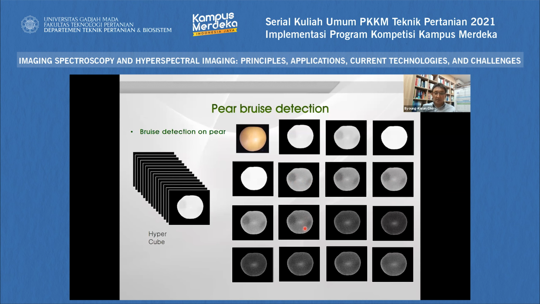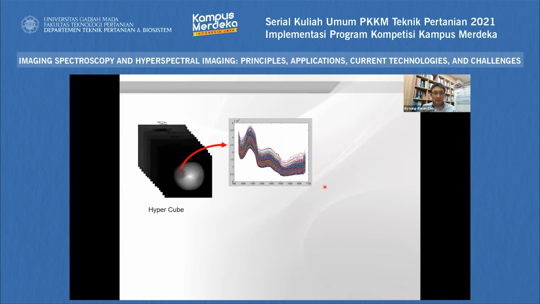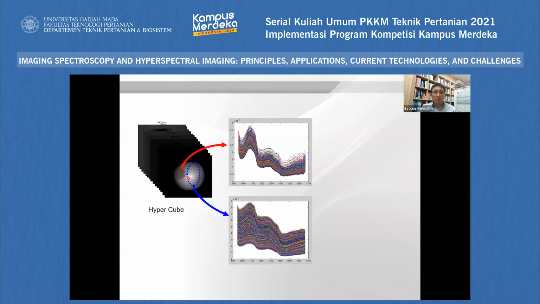I mean, the hole is quite shiny. This hole is a lenticel, which exchanges the air, I mean, gas. Anyhow, our target is the bruise area. So we try to think about the spectral information of the bruise area, and also the sound area. This is the spectral information. How can we discriminate?